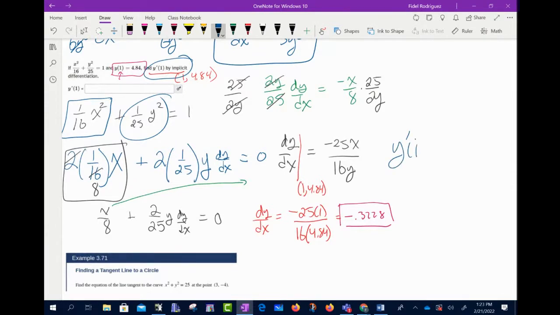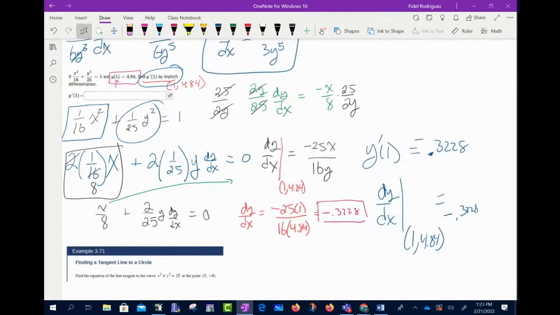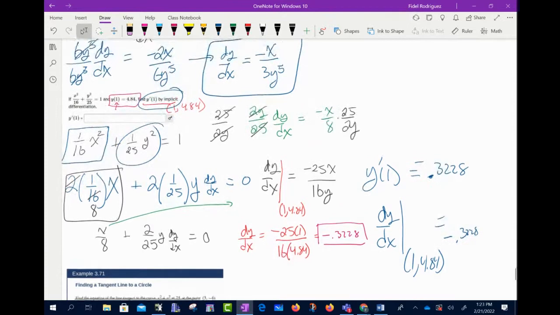So you would say either y prime at 1 is equal to a negative 0.3228, or you would say dy/dx evaluated at the point (1, 4.84) is negative 0.3228. That would be the notation that you would use. They both mean the same thing.